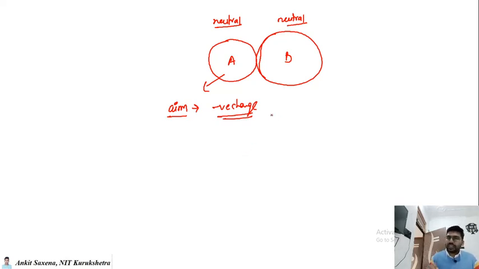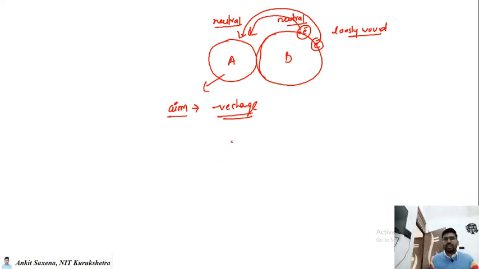So our selection of body B is based on the fact that body B's outer shell electrons should be loosely bound as compared to body A's outer shell electrons. Because if body B's outer shell electrons are loosely bound, when they get the heat, these electrons get free and transfer from body B to body A will take place, and now body A is a negatively charged body.